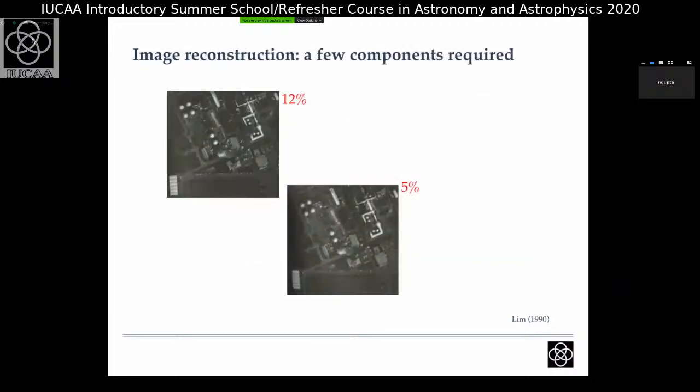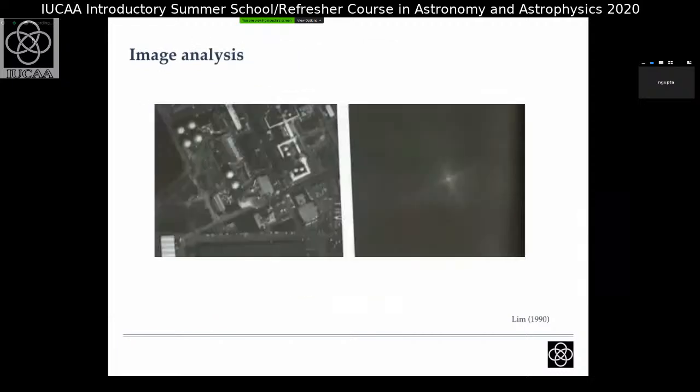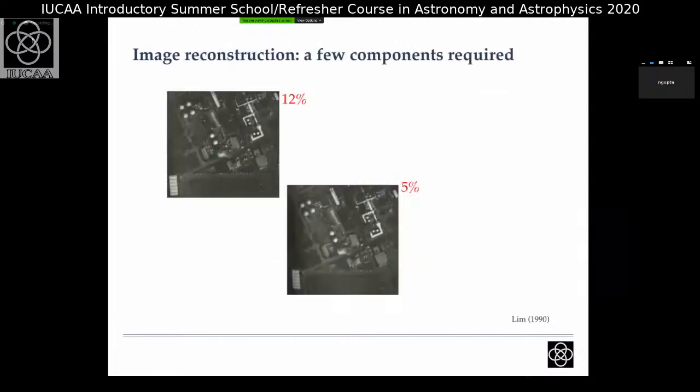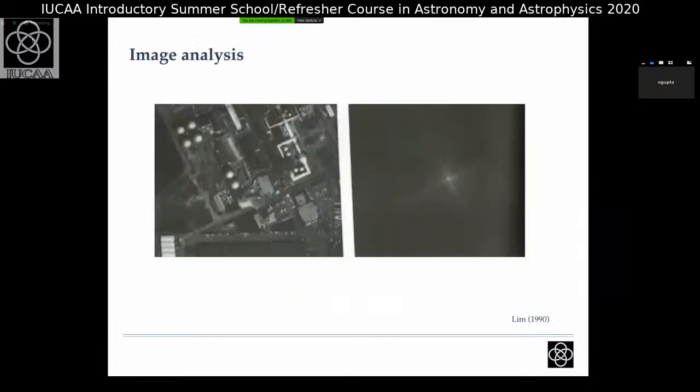You can see that it already looks very much like what I started with. So most of the power is concentrated in the top 10-15% of the components, and I can even reduce the number by half. If I take only 5% of the components, I still get something which is very much like the original.